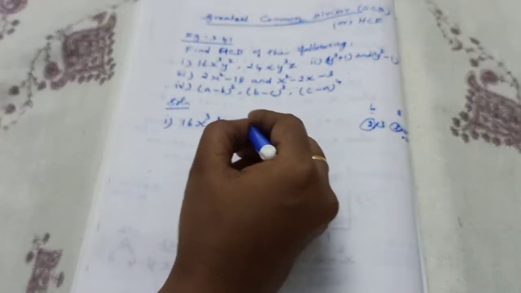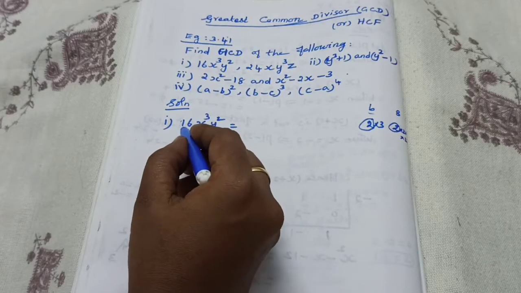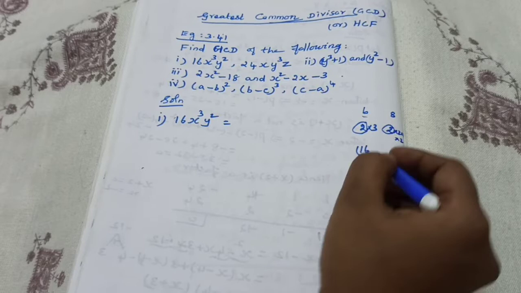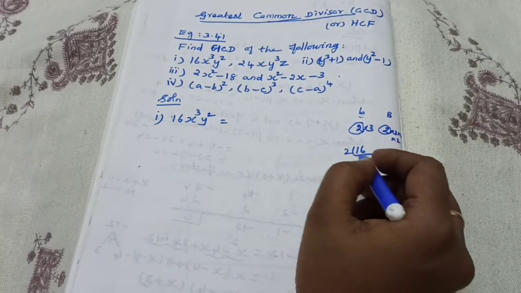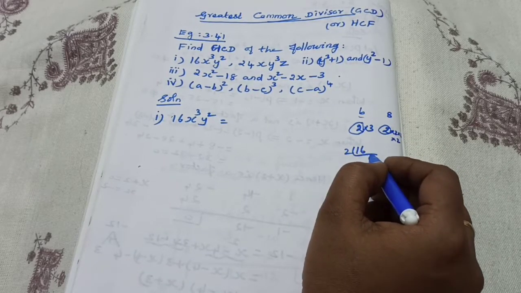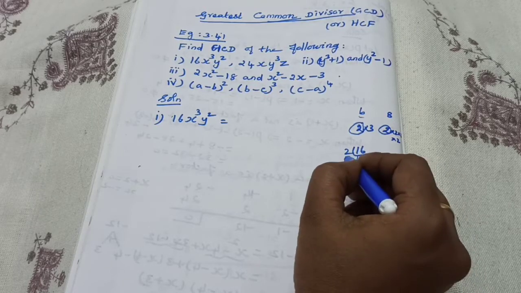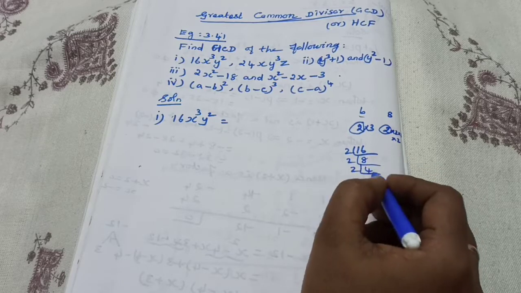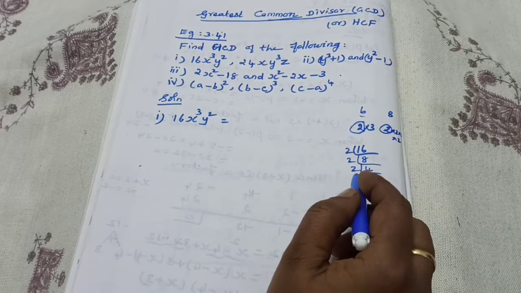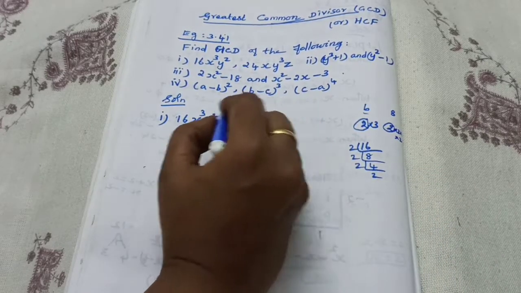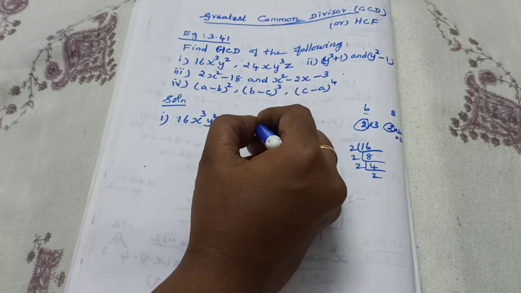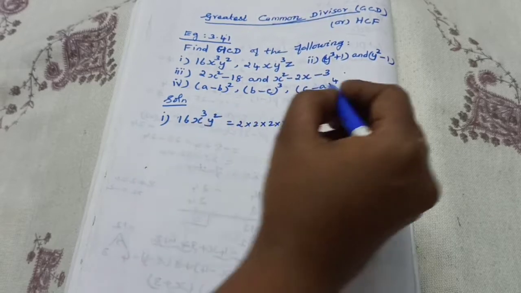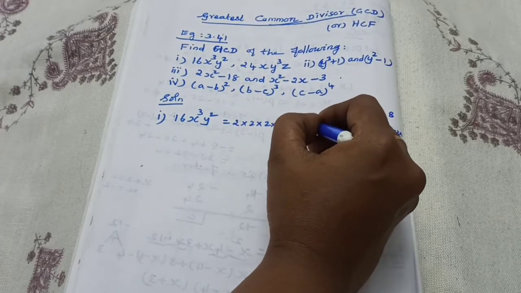This 16, how many 2's are available here, you find out. 16 is 2 times 8, then 2, 4, then factors you find out: 2, 2. How many 2's are here? 4 2's, isn't it? 2 into 2 into 2 into 2, remaining x cube and y square.